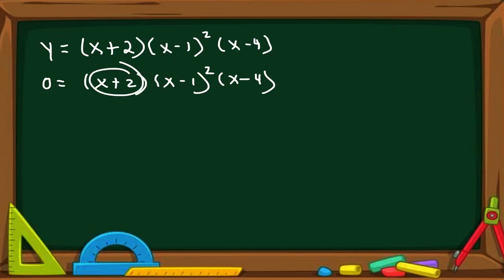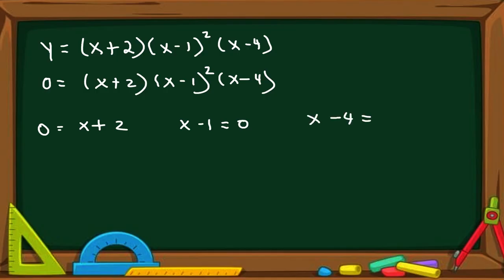If one of these factors is 0, the entire expression on the right side will equal 0, because 0 times anything is 0. So we're going to set x plus 2 equal to 0. We're going to set x minus 1 equal to 0, and x minus 4 equal to 0. For the first equation, if we subtract 2 from both sides, we'll get that x is equal to negative 2.